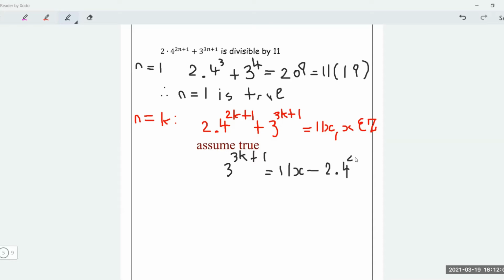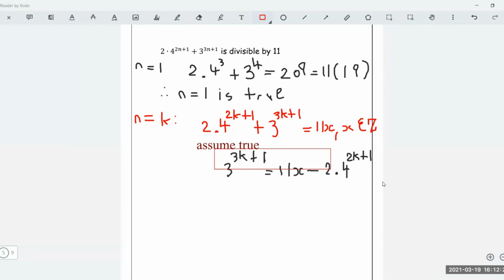Now, bear in mind, you could have made 2 times 4 to the 2k plus 1 the subject, but because it's been multiplied by 2, I didn't want to make this the subject. So we have this now, and we're going to use this in our n equal k plus 1 phase. We should always bear this in mind.